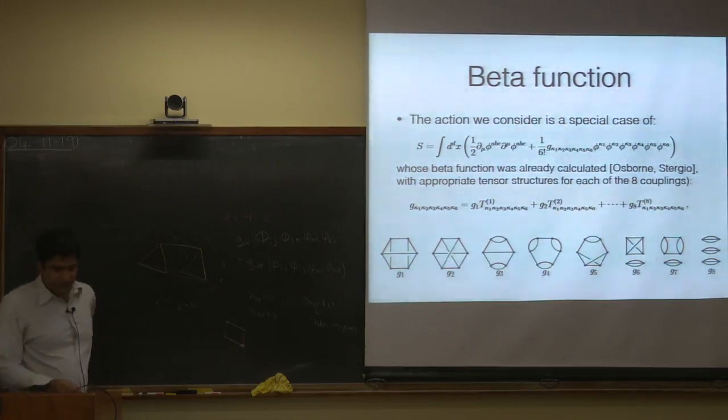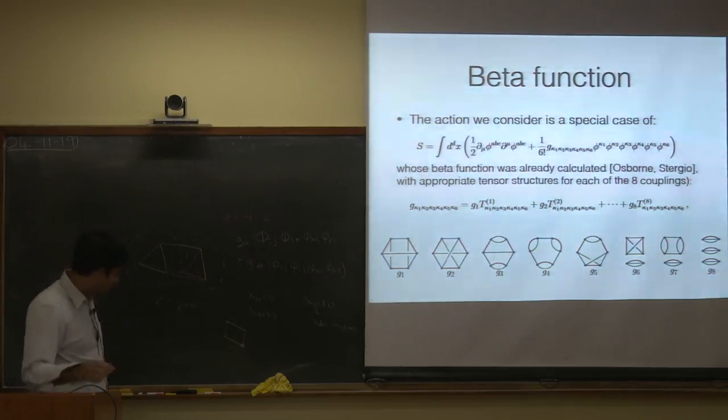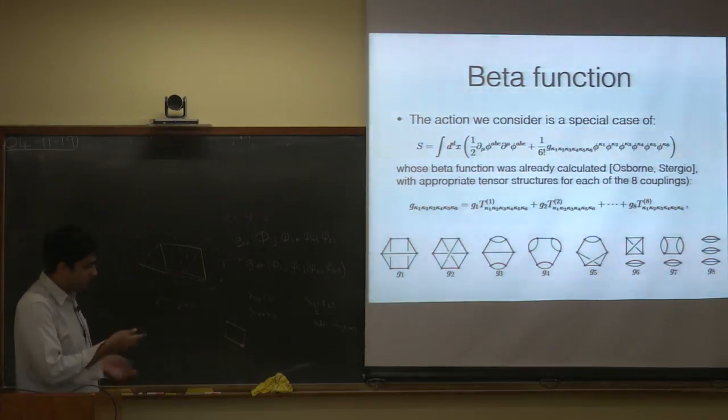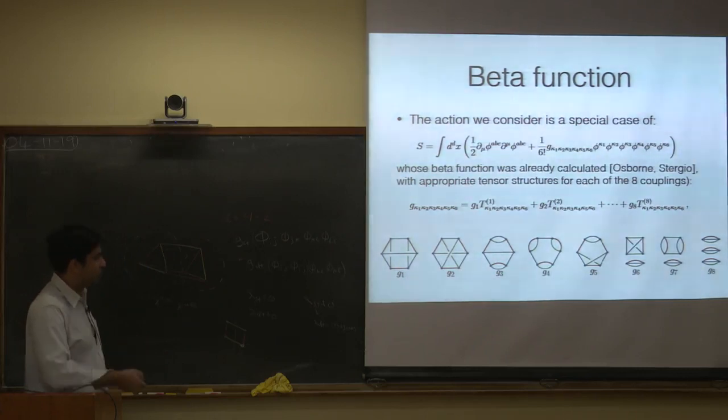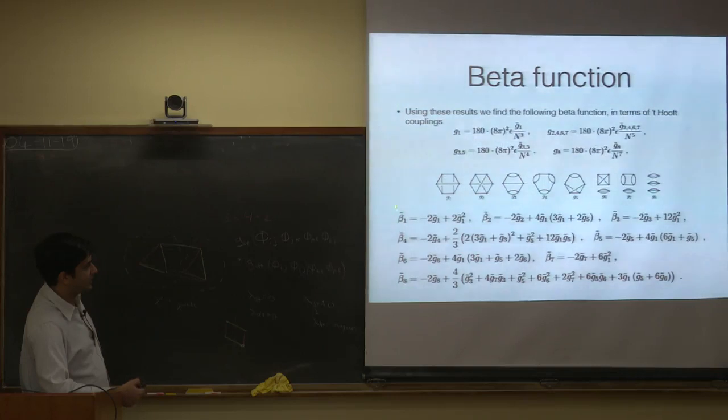So you can sort of ask these using RG at finite epsilon, and this is the RG equations for all these 8 couplings, just at the first non-trivial order.